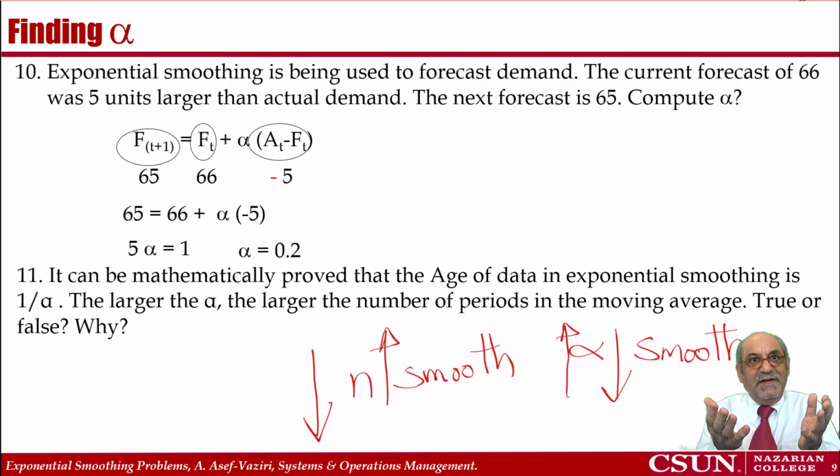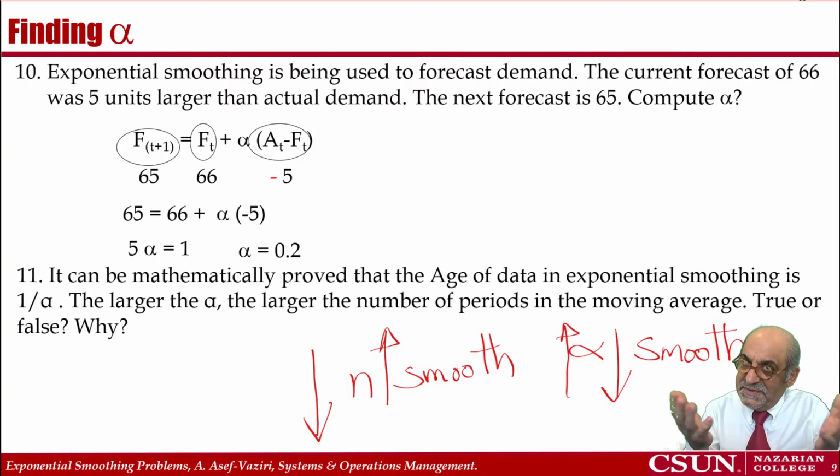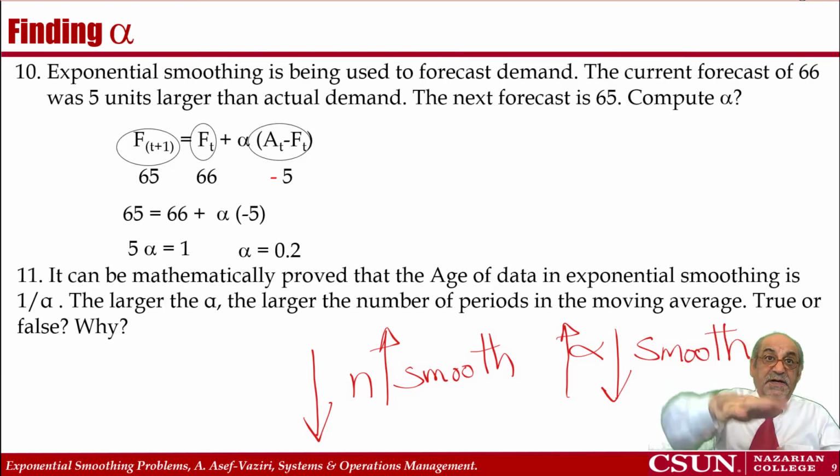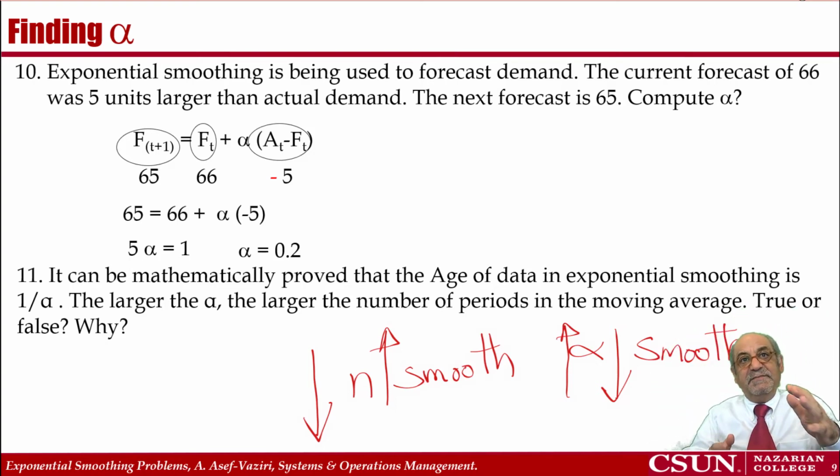And in moving average, which one is more responsive? Larger number of periods or smaller number of periods? Smaller number of periods. Therefore, the answer to this question, the larger the alpha, the larger periods in moving average, is false. The larger alpha, curve is more responsive. That means the smaller the number of periods in moving average if they want to be of the same age.